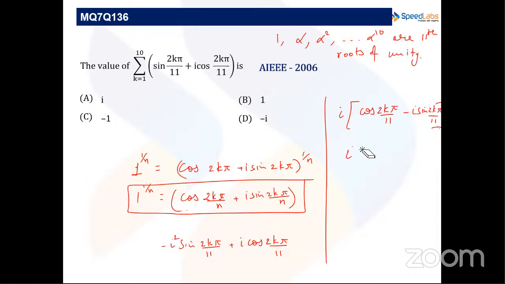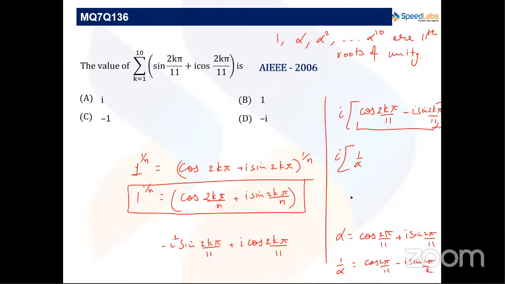So this quantity, if you put the summation from k equals 1, you will be getting 1/alpha, because alpha will be cos 2 pi/11 plus i sin 2 pi/11. So 1 upon alpha will be its conjugate, cos 2 pi/11 minus i sin 2 pi/11.